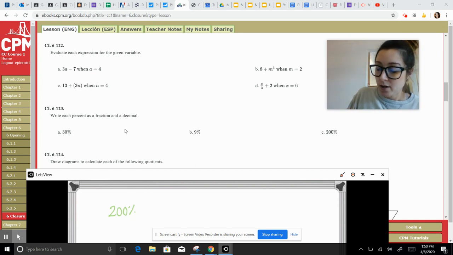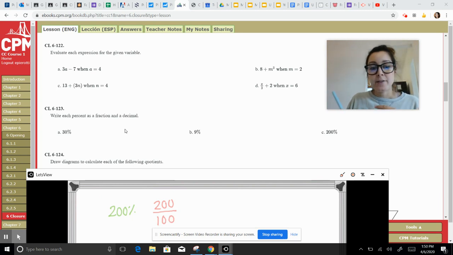So that would be 200 out of 100. And if we were to simplify that, it could be also 2 over 1 or just 2. And as a decimal, this is like saying I have $2. So that would be 2.00.